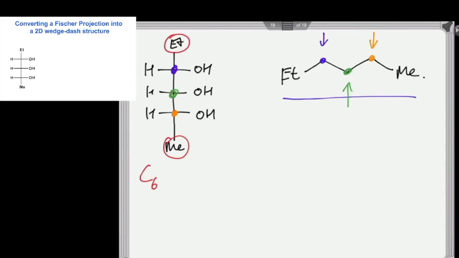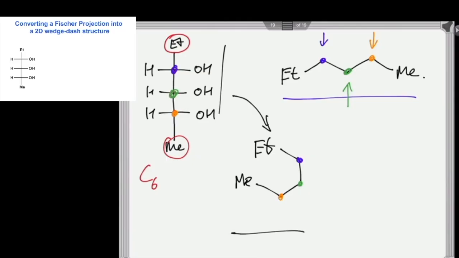You could draw this as, let's say, ethyl to my first center being here, and then I'm going to draw my second center here, and then follow that by my third center here. That would also be fine if you're more comfortable drawing it originally in that geometry. That's the direct correspondence of going from a Fischer projection to 2D, but I'm going to jump over, try and do it directly to my line bond structure like this, where it's extended.